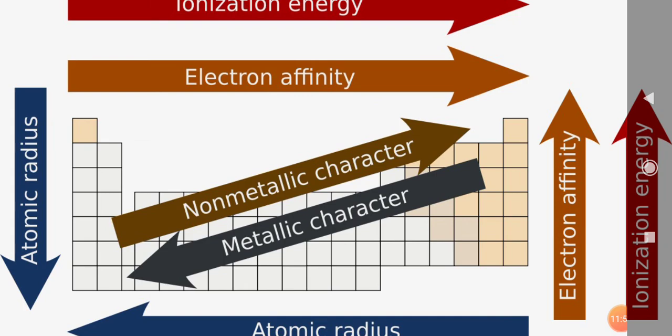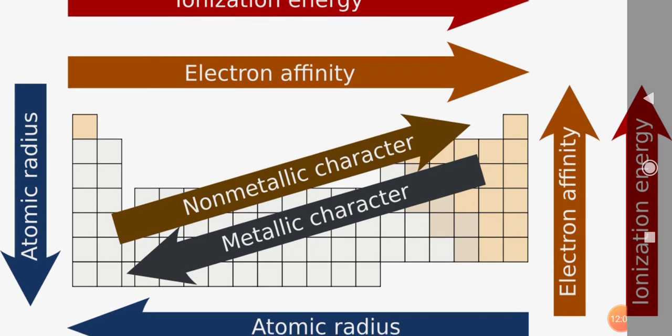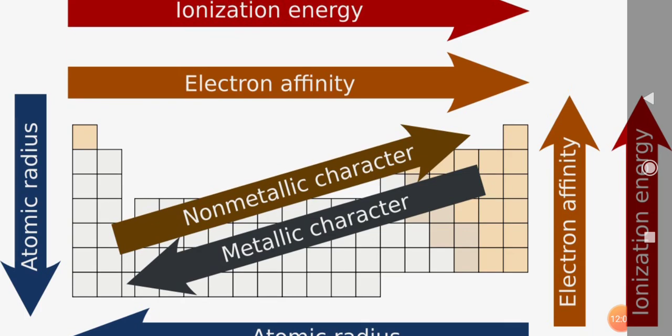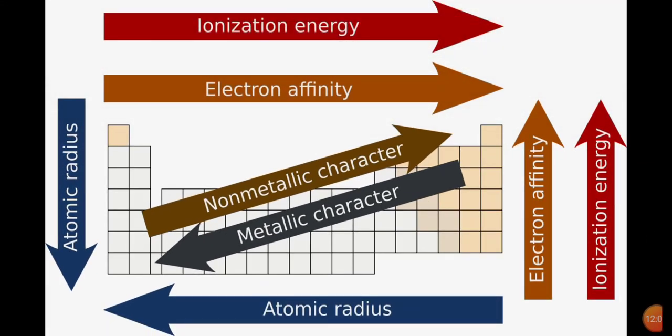Now there is a slight difference between the three kinds of values. These values are more helpful for the final examinations. Now this is the chart which represents the general trend of the periodic properties.